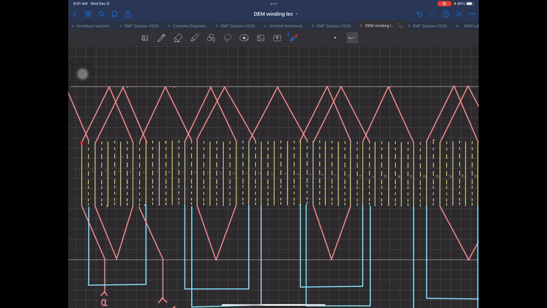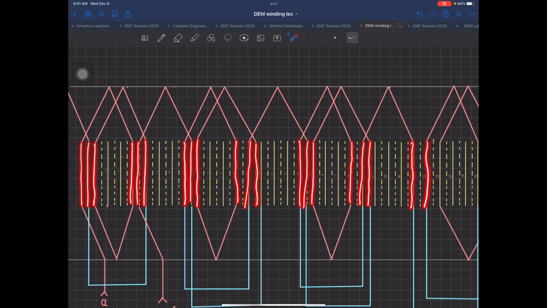This is A phase. 1 2 3 under one pole. 1 2 3 1 2 3 1 2 3 1 2 3 1 2 and 3 1 2 and 3.